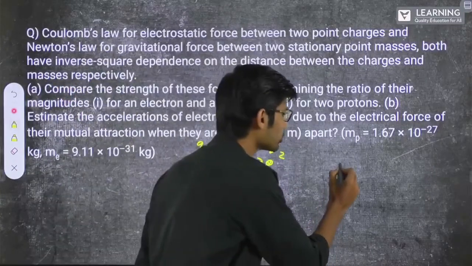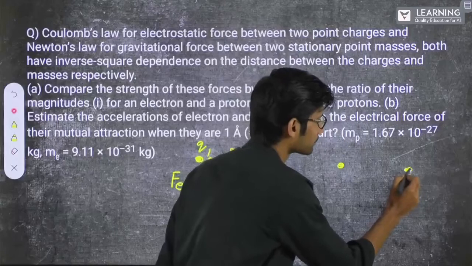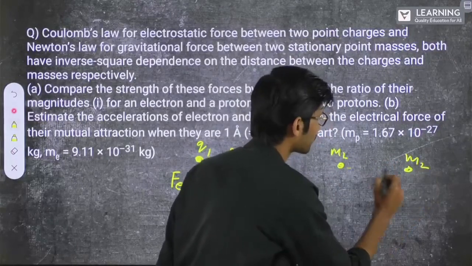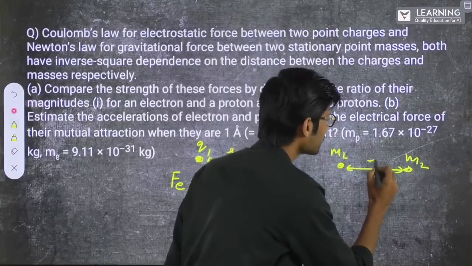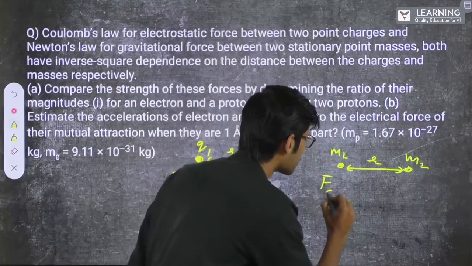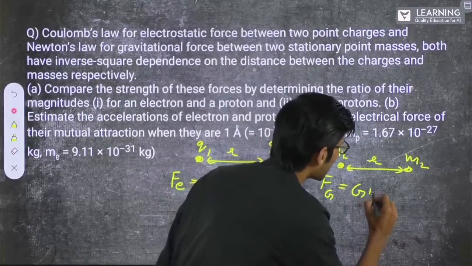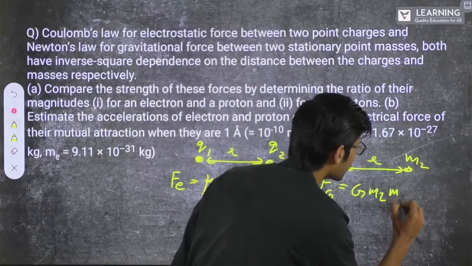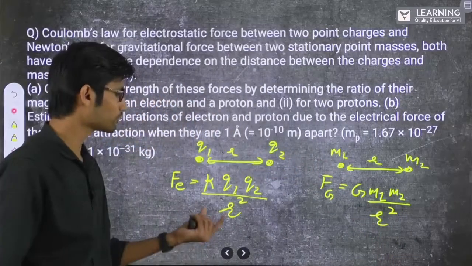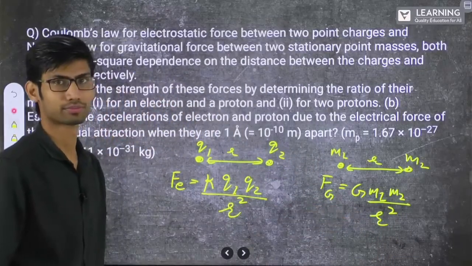And suppose two point masses are kept, M1 and M2, now this you have studied in your 11th standard, and the distance between them is r. What is the gravitational force? G M1 M2 by r square, correct? Both follow the inverse square law.